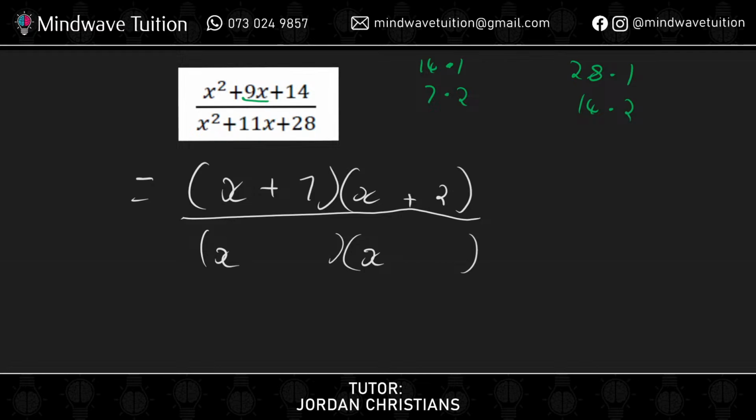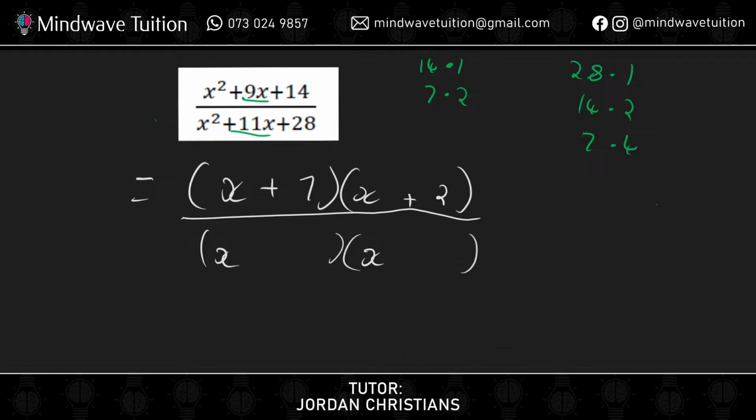Does 4 work? Yes it does. That'll be 7. So 7 times 4, does 5 work? No. Does 6 work? No. So the only factors that work will be 7 and 4, and we want to get to 11, so it has to be 7 plus 4.